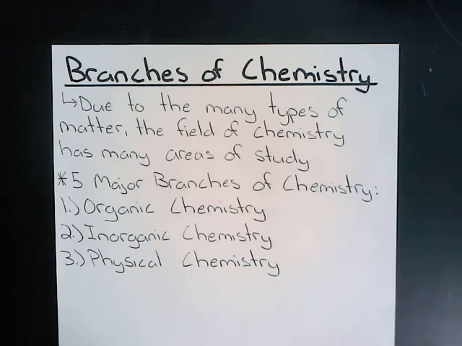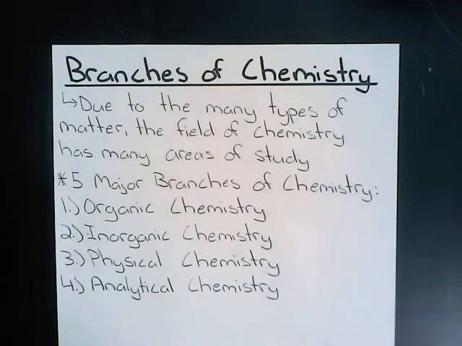A fourth branch of chemistry is known as analytical chemistry. The area of emphasis for analytical chemists is the components and composition of substances, so they analyze the specific amounts and percentages of certain chemicals.